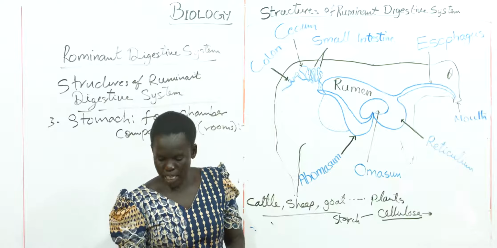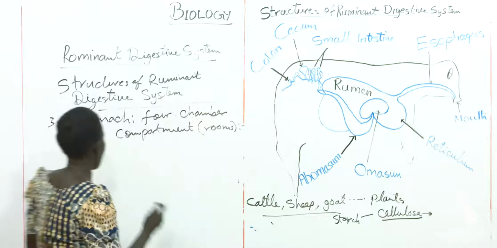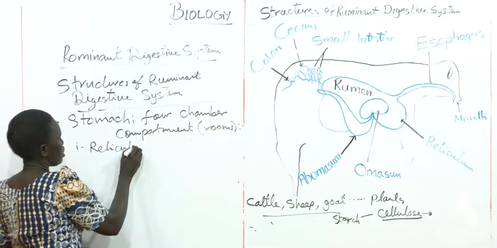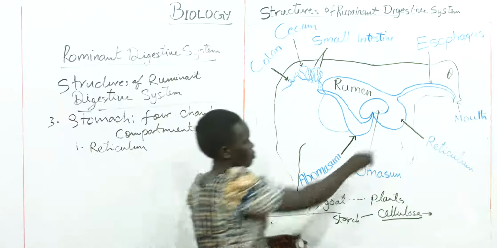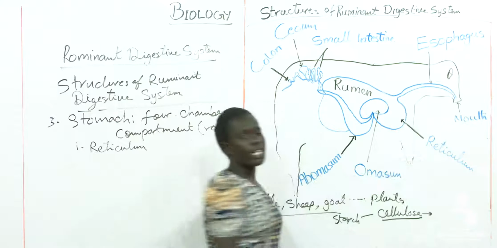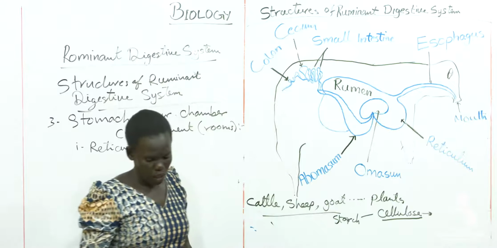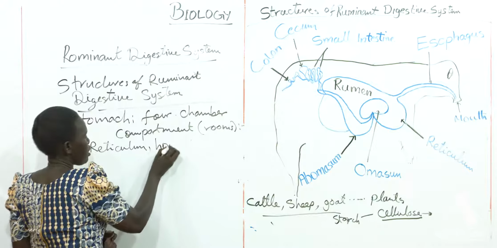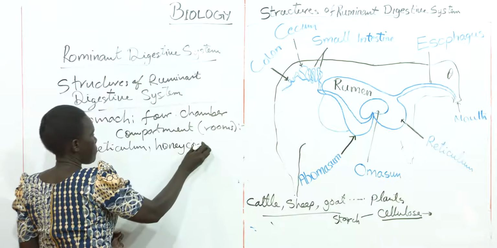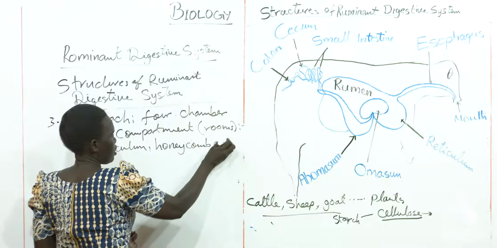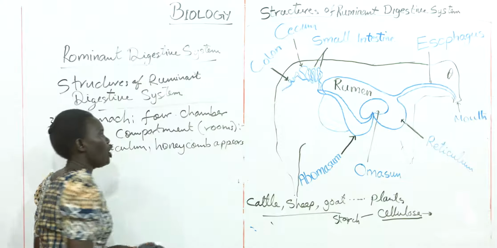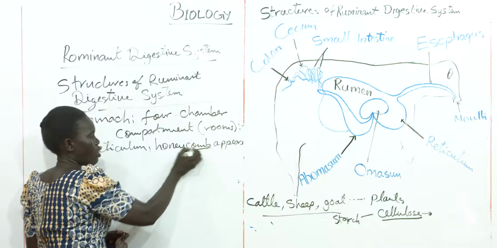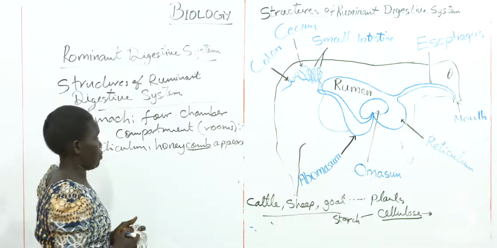The reticulum is located next to the heart. This is the first room, called the reticulum, which is this, located next to the heart. And it has a honeycomb appearance. It looks like the comb of the honeybee.